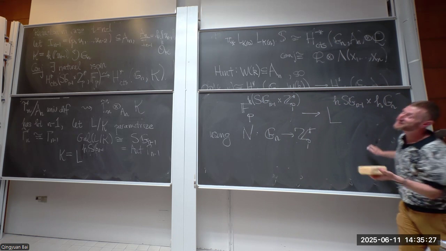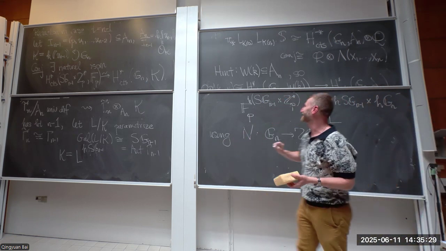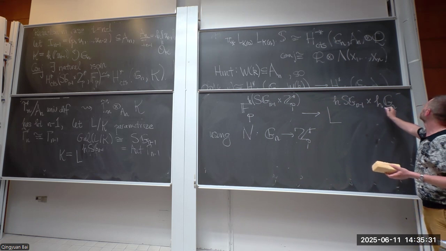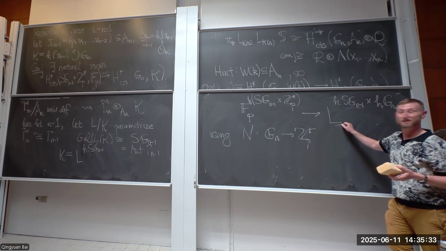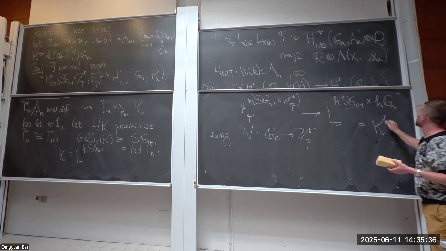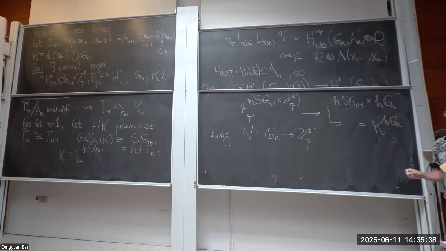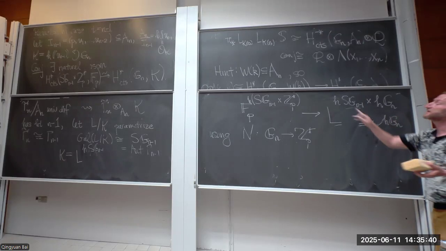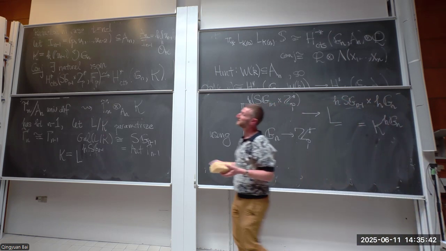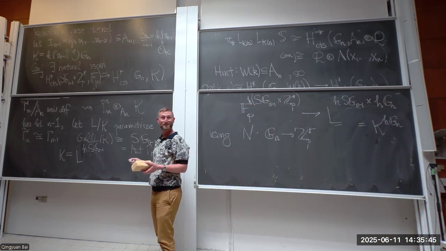On the other hand, by what I wrote on that board over there, these two combine together, and this is just K. So I've given you a map from here to here in terms of continuous cohomology.